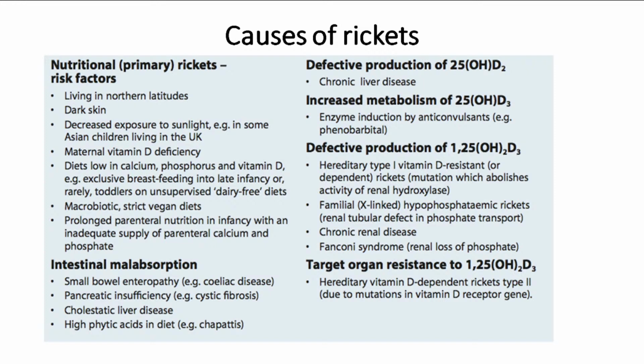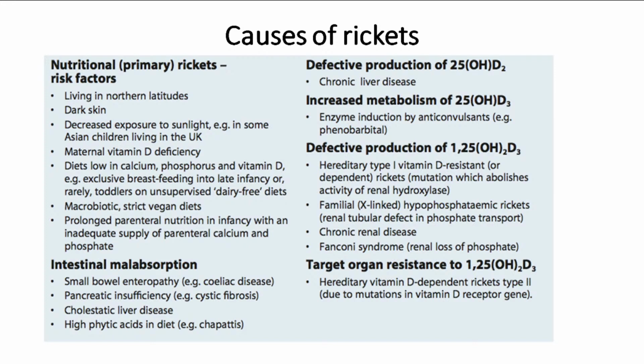This is the first group of risk factors, nutritional or primary rickets. Okay, intestinal malabsorption: small bowel enteropathy, for example celiac disease, pancreatic insufficiency, cystic fibrosis, cholestatic liver disease, high phytic acids in diet.